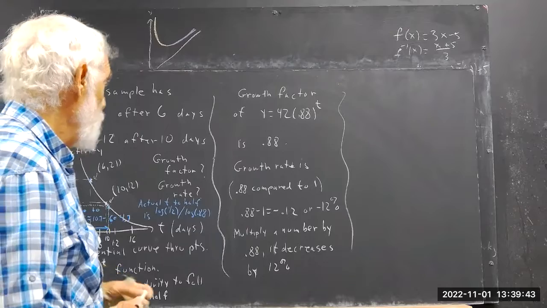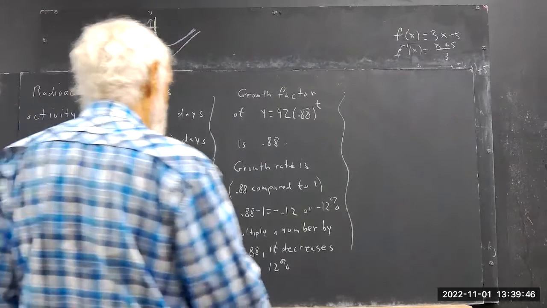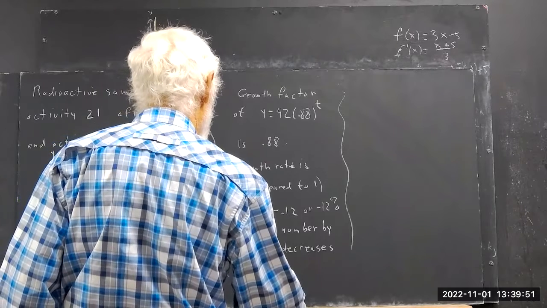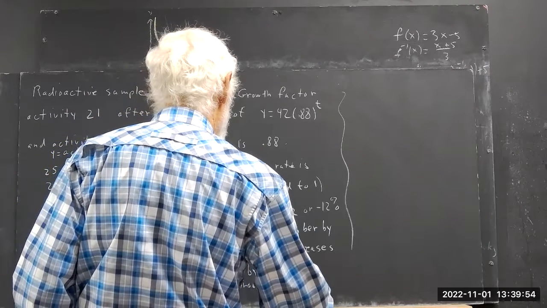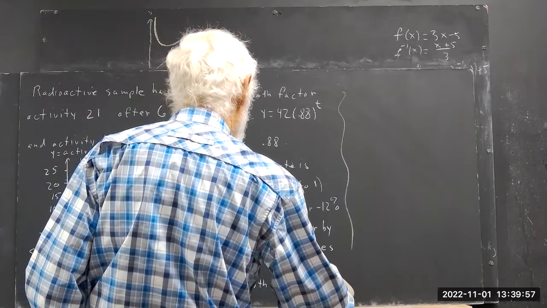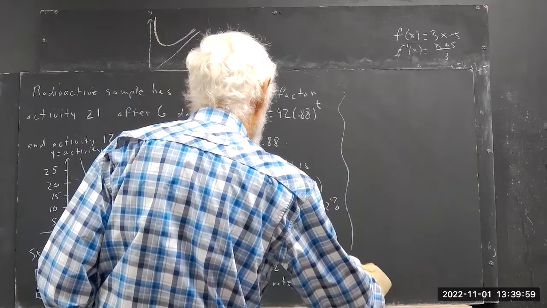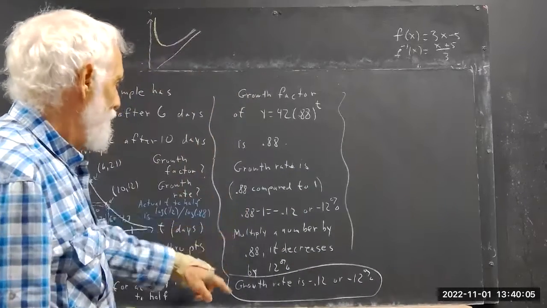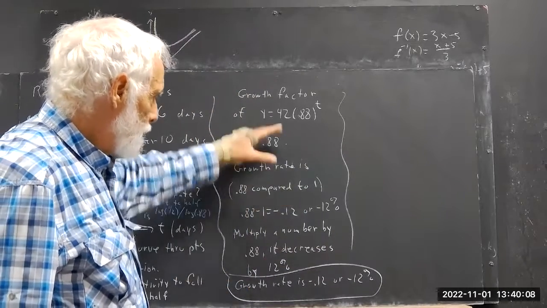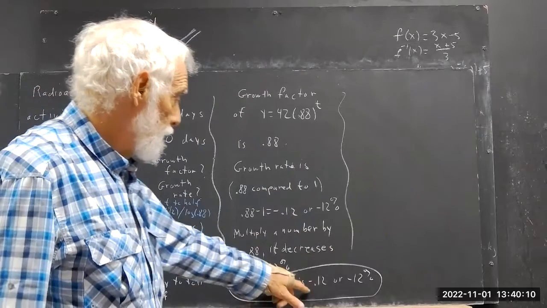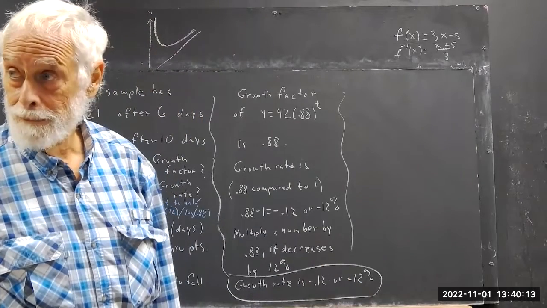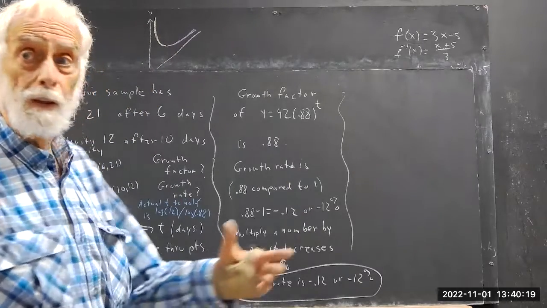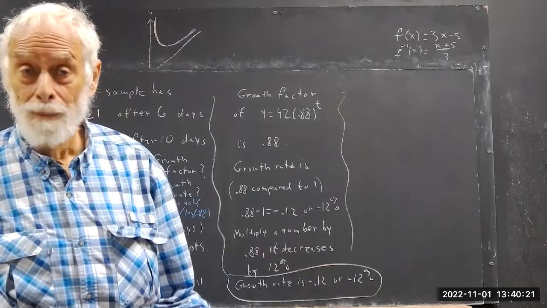What's the growth rate? The growth rate is negative 0.12 or negative 12%. If it's a population, it's declining because the environment suddenly changed. Okay.